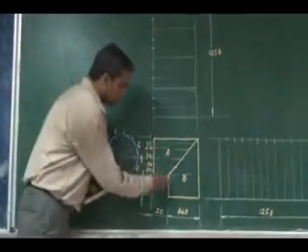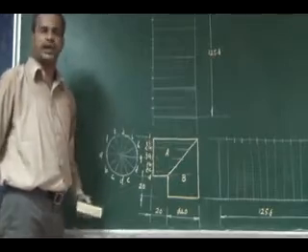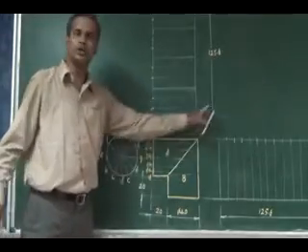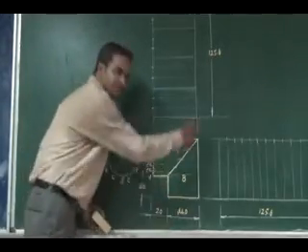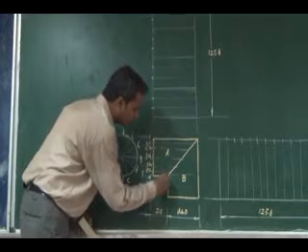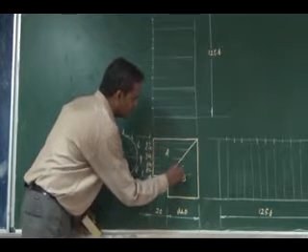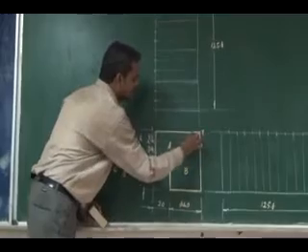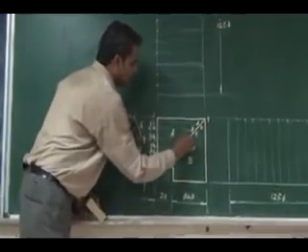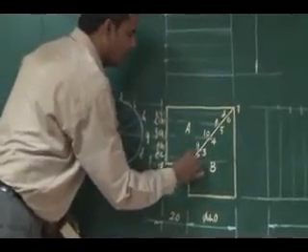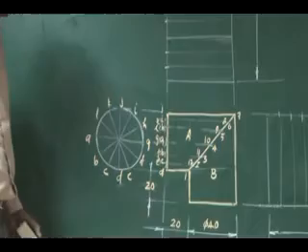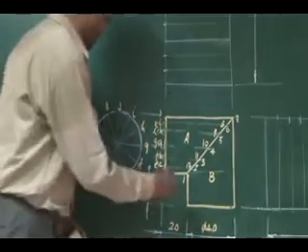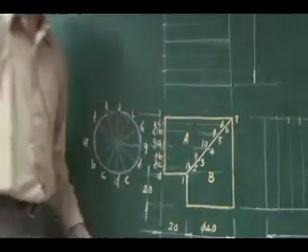So I'm going to give the cutting points from here, 1, 2, 3 in a sequence like this. This is my cutting point 1, 2, 3, 4, 5, 6, 7, 8, 10, 11, 12. So these cutting points you can mark.